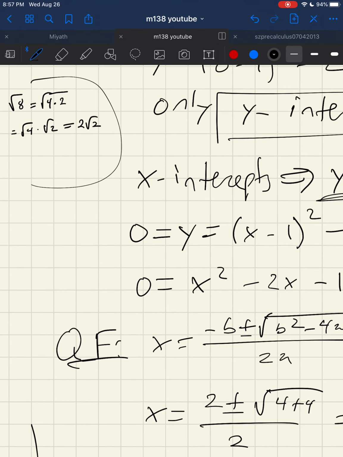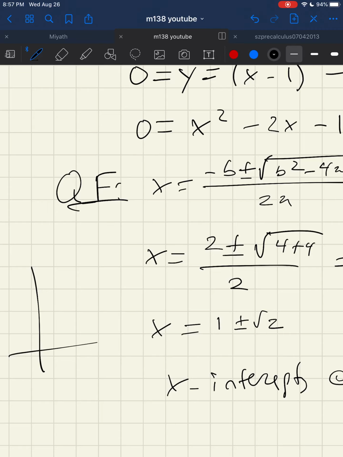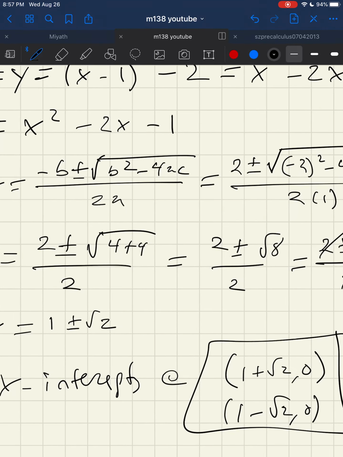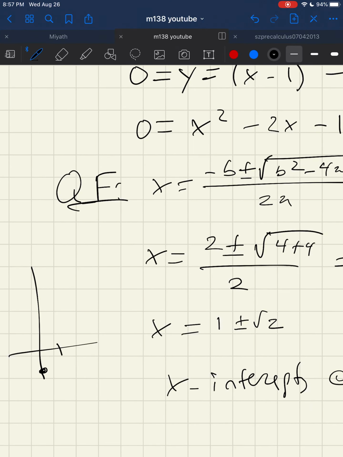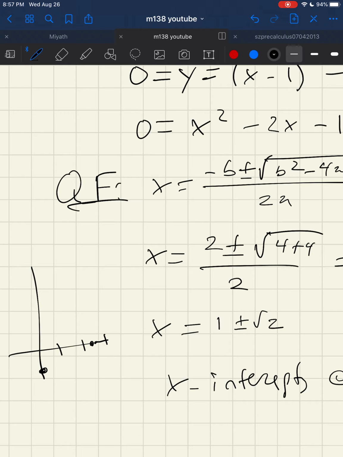I've got a y-intercept at 0, comma negative 1. So 0, comma negative 1 is a y-intercept. And my x-intercepts are at 1 plus square root of 2, so 1 plus something a little bit more than 1, and at 1 minus square root of 2, so 1 minus something a little bit more than 1.